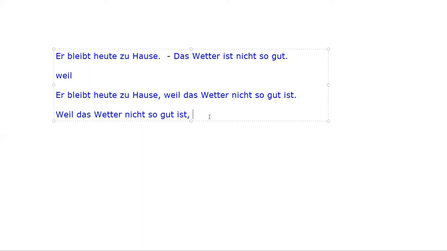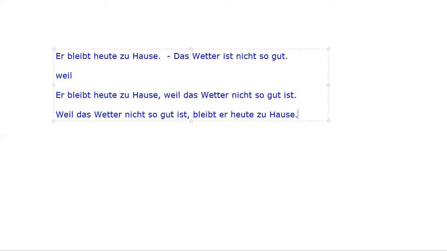But what you need to keep in mind, and that's a real key thing, is what comes in second place in any sentence, never mind how long the first position is. In this case, a whole load of words, 7 words. So what comes next is the verb. So in this case, it would be: weil das Wetter nicht so gut ist, bleibt heute zu Hause.